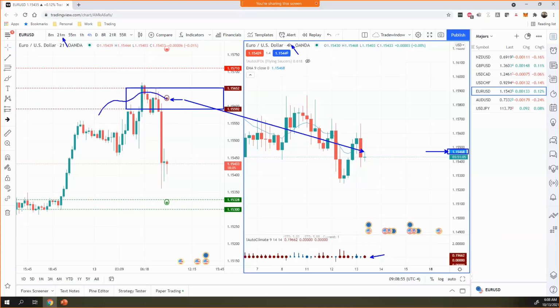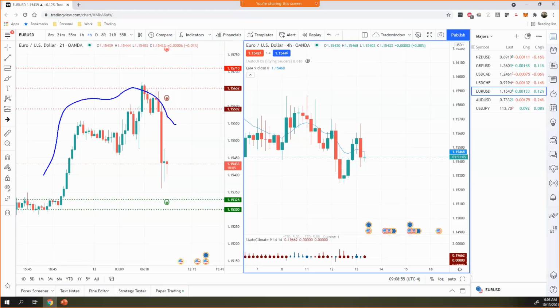Currently the moving average is at 15468, so 15468 is about here. That means the price was perhaps something like this as it was traveling, because it's a moving average. It moves with price.